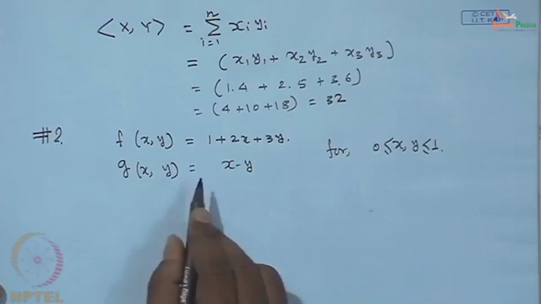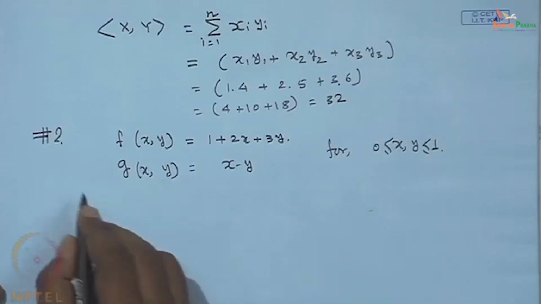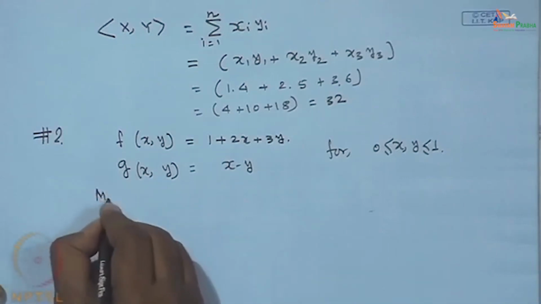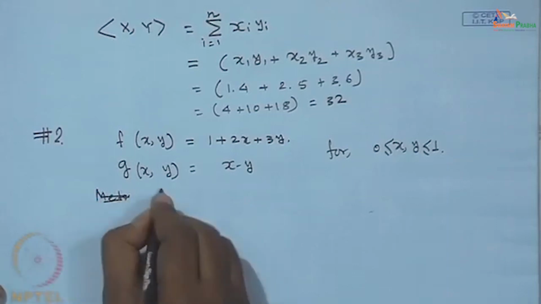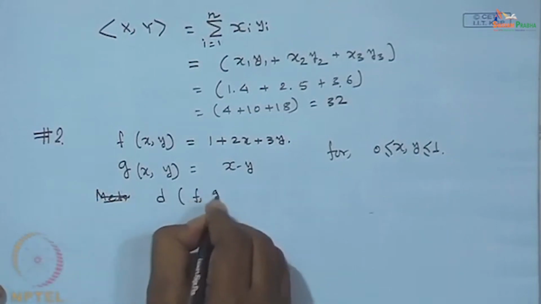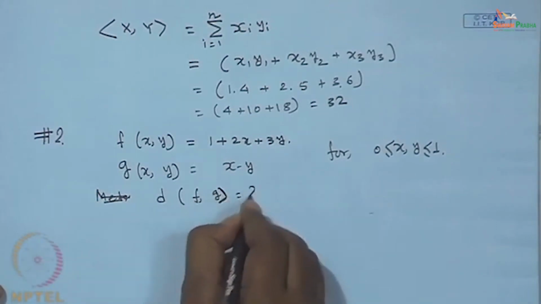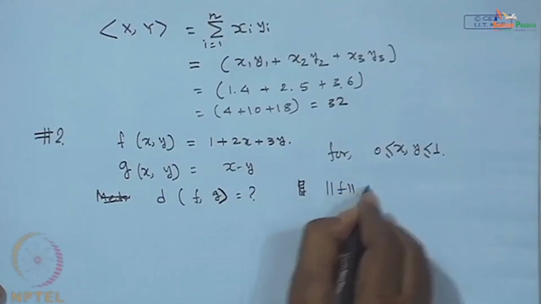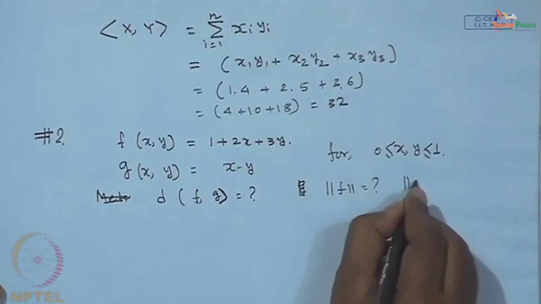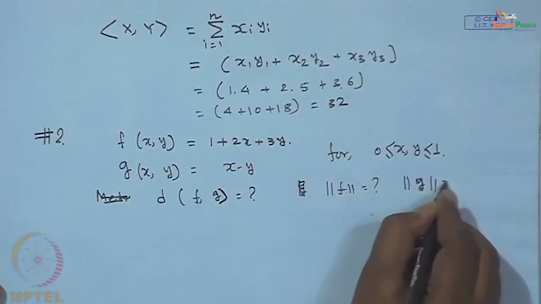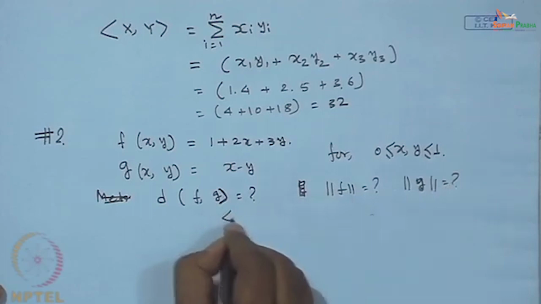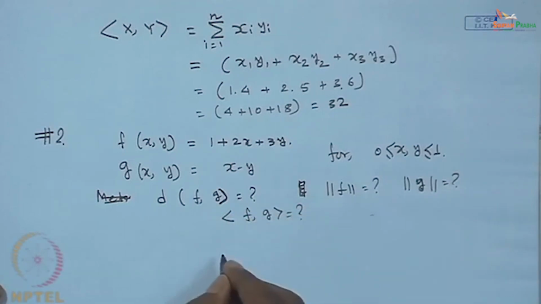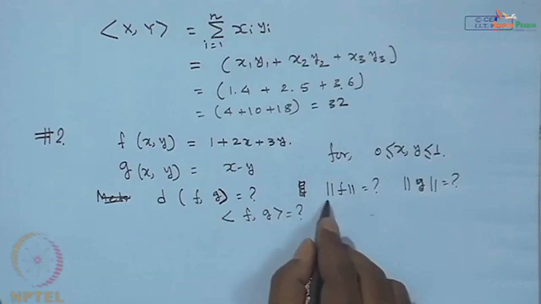Let us look into how we will get the metric between f and g. Our idea is to find the metric between f and g, the norm of f, the norm of g, and the inner product between f and g. Let us first look into the norm.